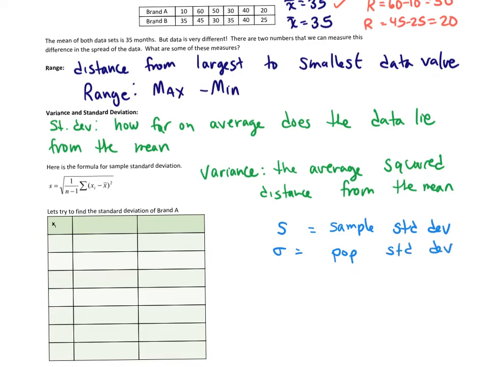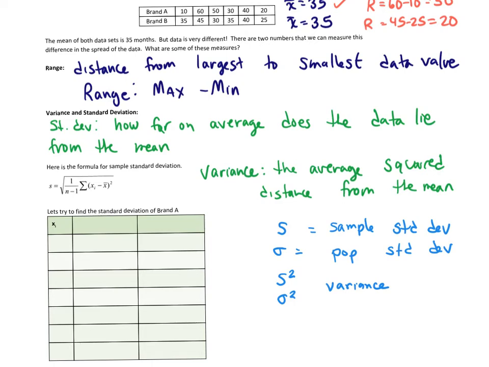Again, most of the time we'll be doing sample data when we do our calculations, but the population standard deviation also does pop up. The variance is just S squared and sigma squared. The first one is the sample, and the second is the population. So variance is just the sample standard deviation squared, or standard deviation is just the square root of the variance. So both of those will work in this case.